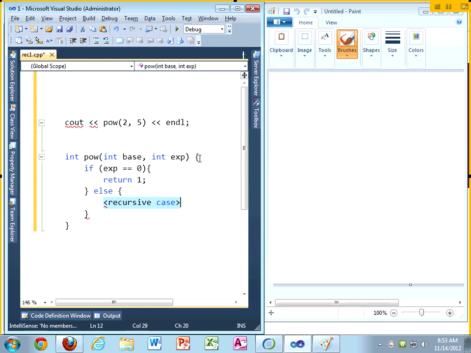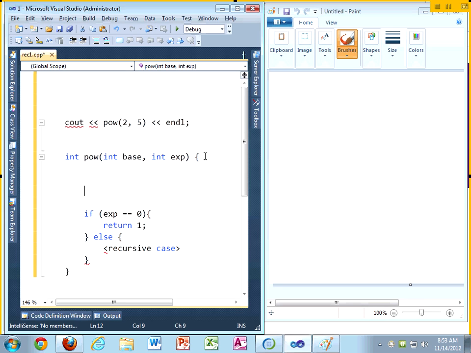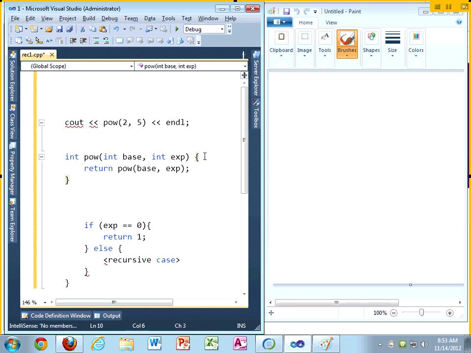So I can't just say return pal base exponent. Done, right? Because I'm calling the same pal, it's not getting me any closer to the base case. The whole reason that recursive functions work is that each time I do the recursive call, I'm getting closer to the base case, so eventually I'm going to stop.